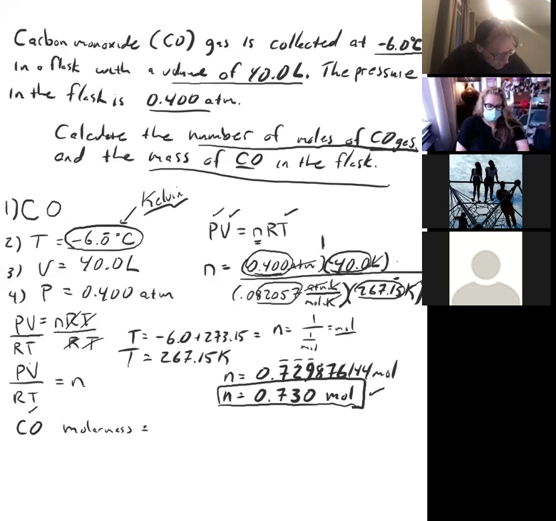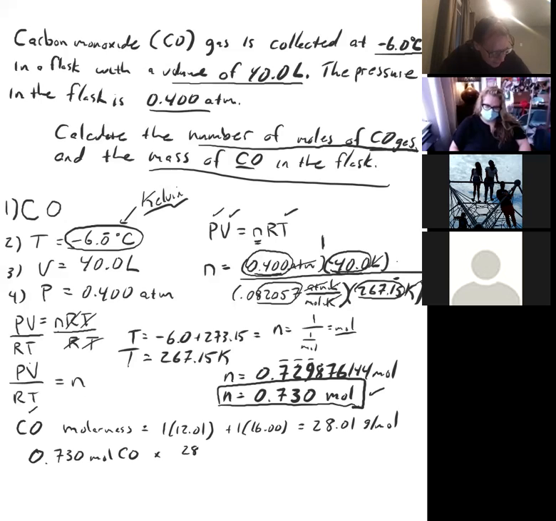The molar mass would be, there's 1 carbon, so 1 times 12.01, 1 oxygen, 16.00. So this gives us 28.01 grams per mole. That's the molar mass. So then we do a mole to mass conversion. 28.01 grams for every 1 mole.